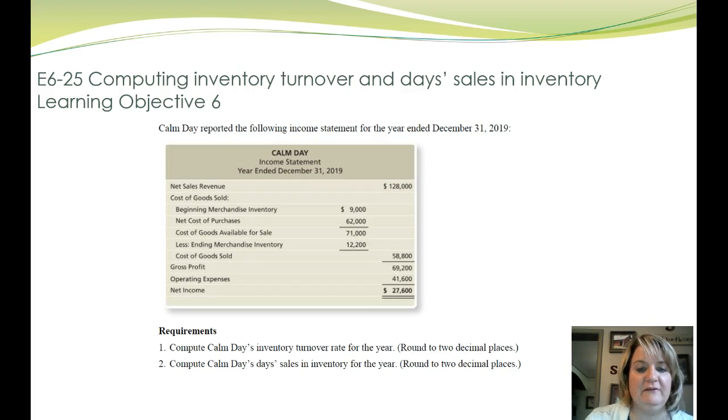Calm Day reported the following income statement for the year ended December 31st, 2019. And it wants you to compute Calm Day's inventory turnover rate for the year and compute Calm Day's days sales in inventory for the year.